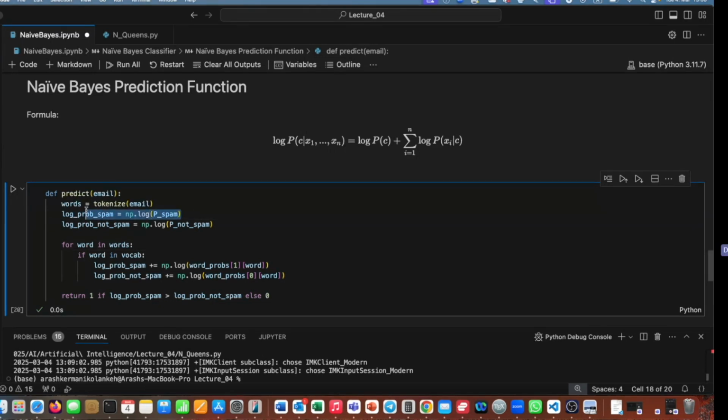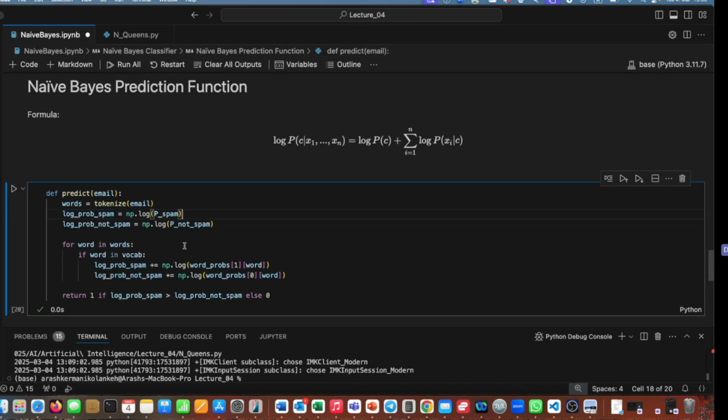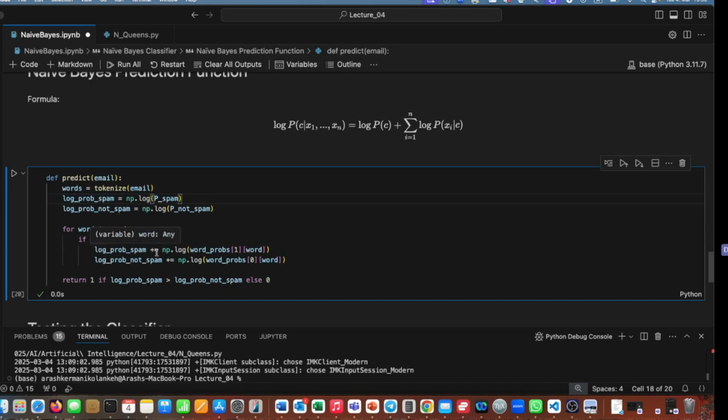The first log that you see, log of the spam or not spam, is here. We are calculating it for both classes, for class spam and for class not spam. And then we need to calculate the rest. So here we have one placeholder.